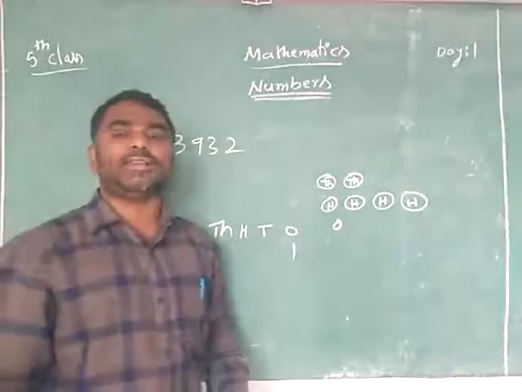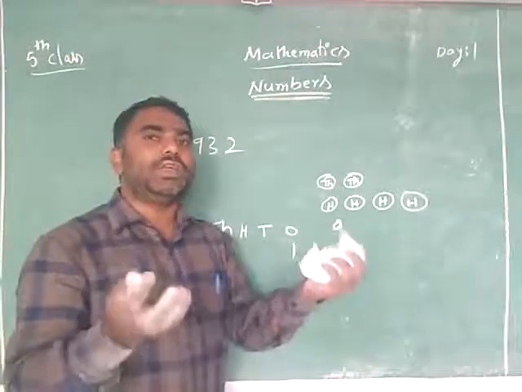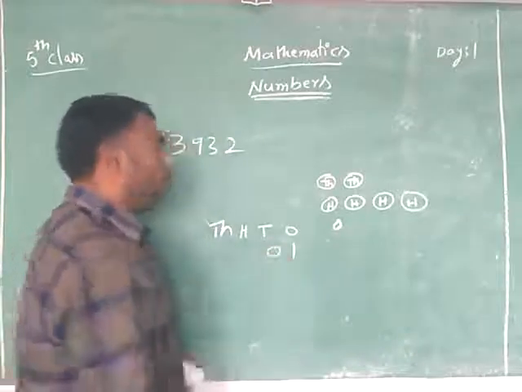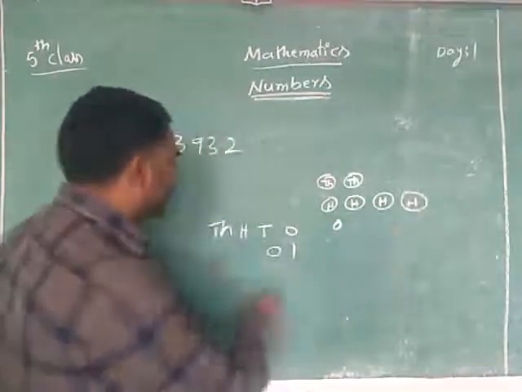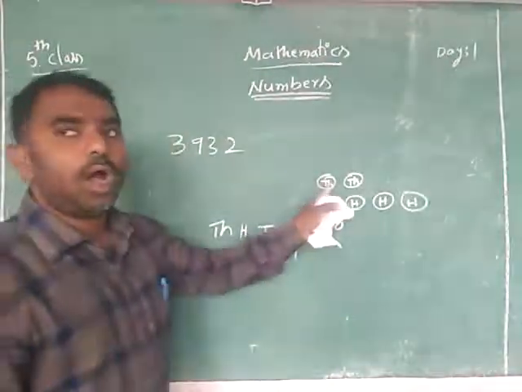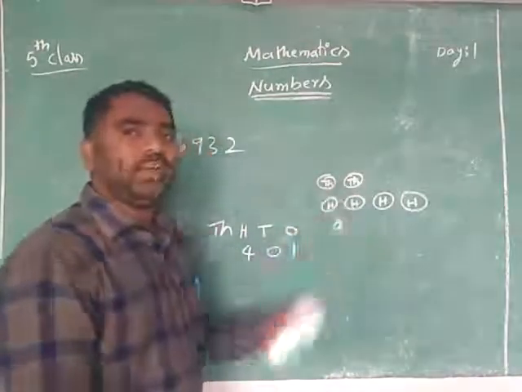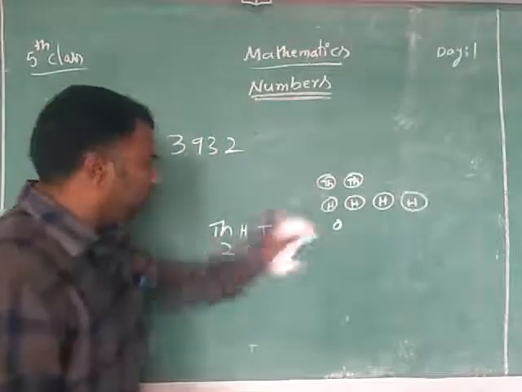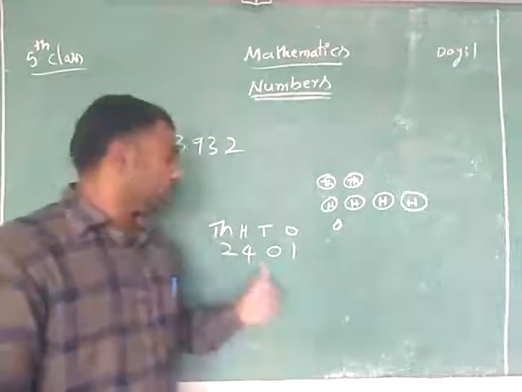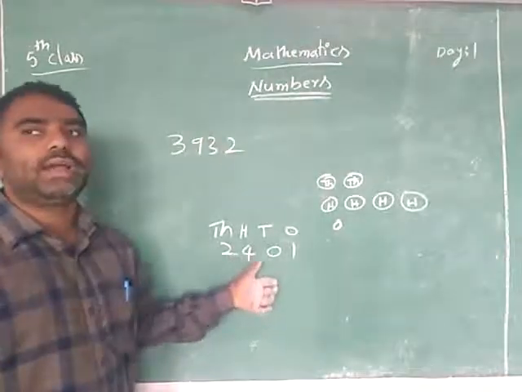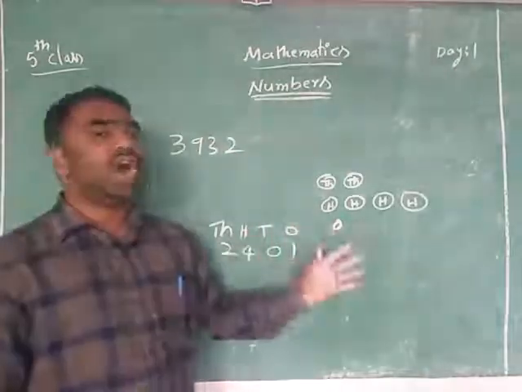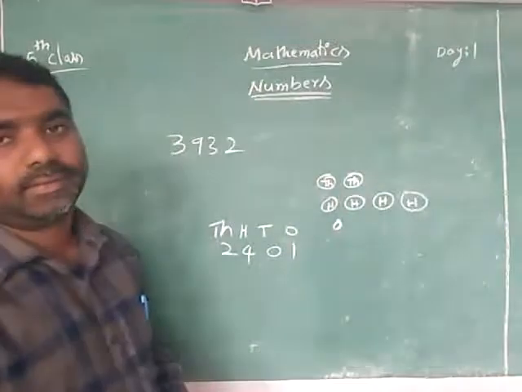How many tens packets are there? Nothing. You know the meaning of nothing is 0. Next, how many hundreds are there? 1, 2, 3, 4. That's why 4 hundreds. How many thousands are there? 1 and 2. So that's why this number is called 2401. This is the way of reading the numbers.